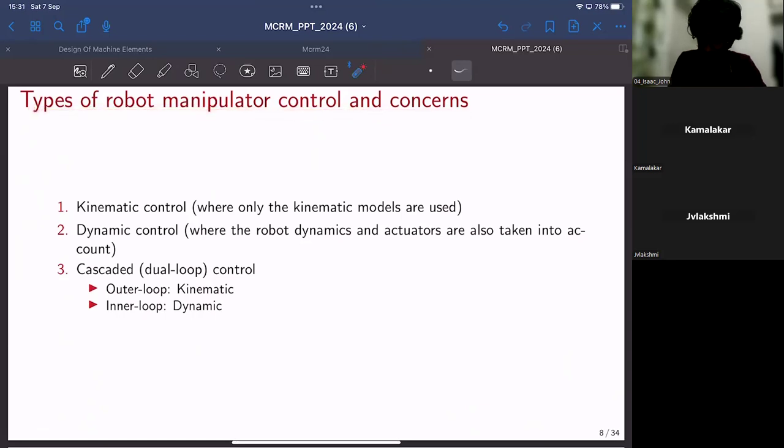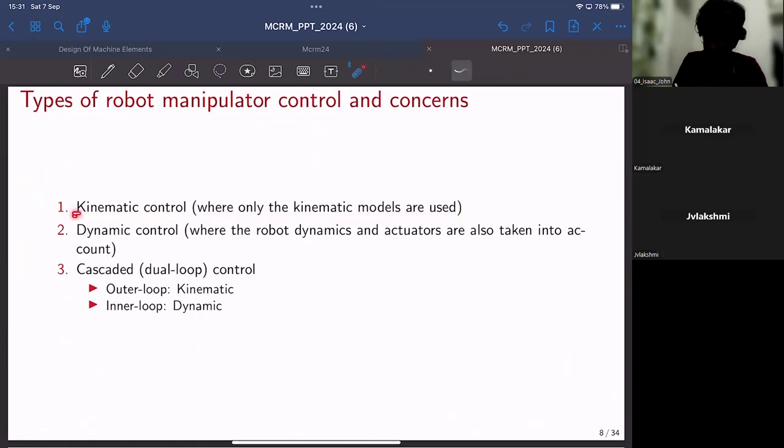Again, there is a different type of classification of robot motion controllers. You can classify them as kinematic control, where only kinematic models are used. A kinematic model is obviously easier to build than a dynamic model, which involves a lot more computation.